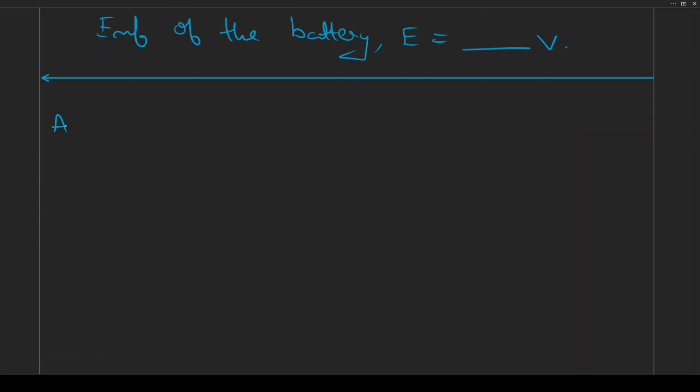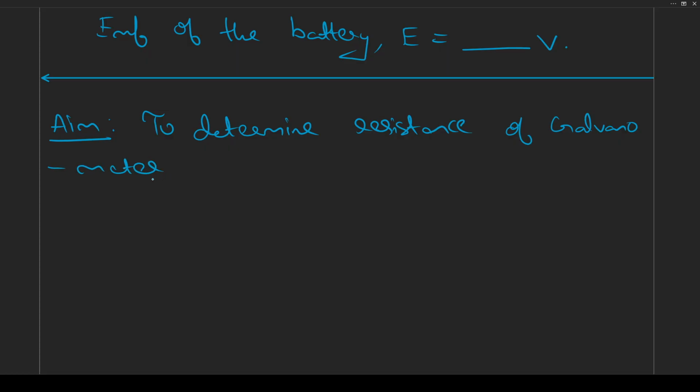The aim of this experiment, to determine resistance of a galvanometer. You might be confused as the name of the experiment is figure of merit of the galvanometer, but here we are saying to determine resistance of the galvanometer. It is because to find the figure of merit of galvanometer, first we need to find the resistance of the galvanometer.